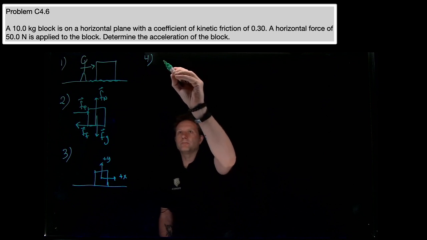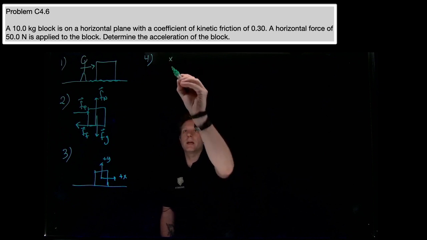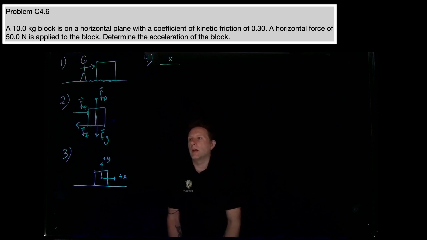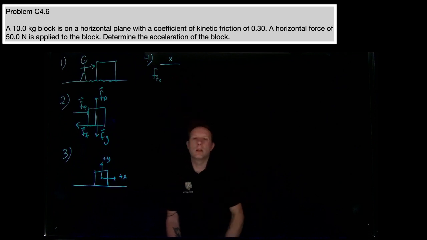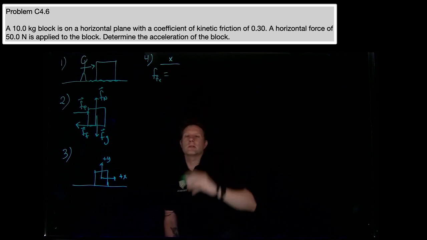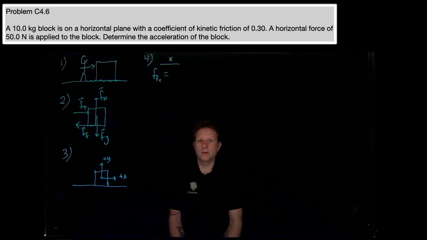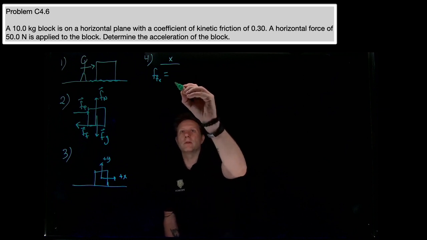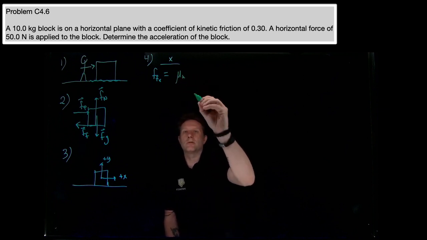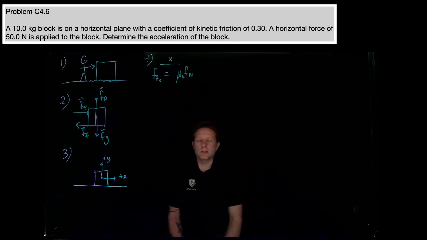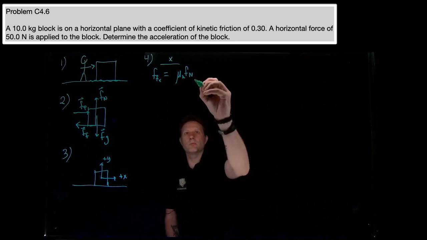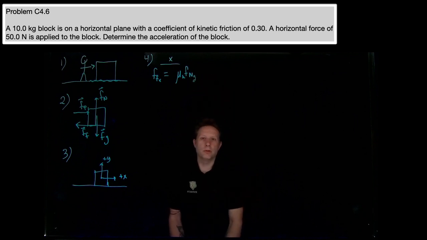So first we can look at our x, and we can see that we have the force of friction as an x component. Now we can implement the useful equations we have for a variety of forces, like the frictional force. We know that is the coefficient of kinetic friction multiplied by the normal force. And since this is a frictional force in the x direction, this normal force must be the y component.